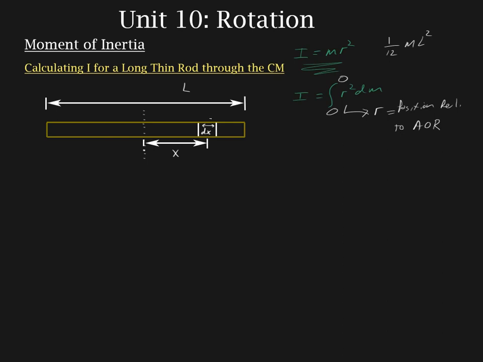So what that means is if I have this total length of L, if I go to the left of the axis of rotation, I'm going 1/2 that length. And when I go to the right, it's going to be equal to 1/2 that length. One is in the negative direction, the other is in the positive. So that's the thing that you have to be careful with when doing moment of inertia.